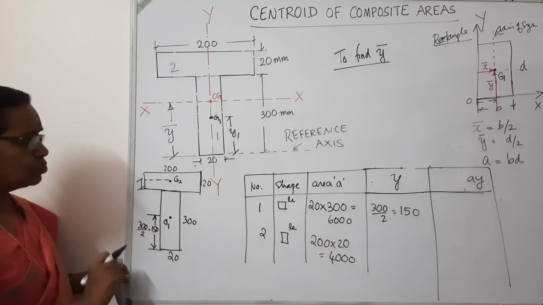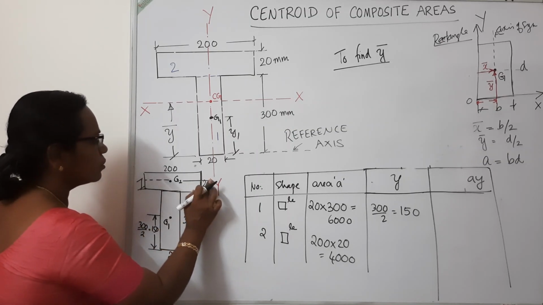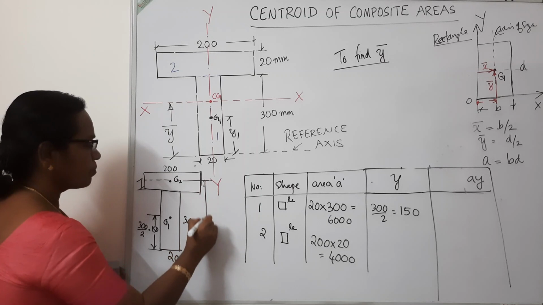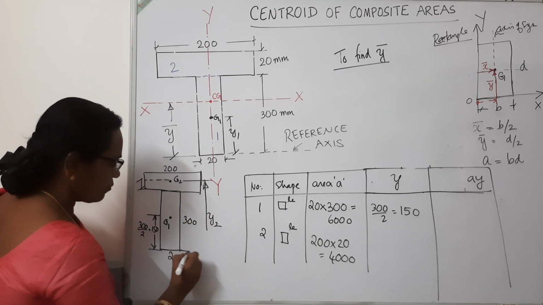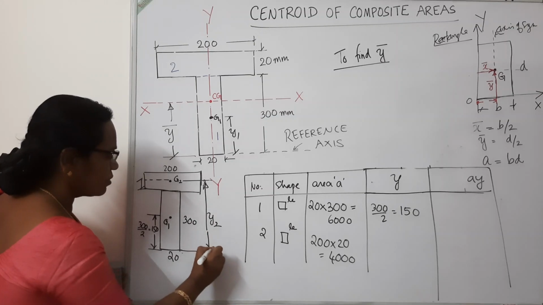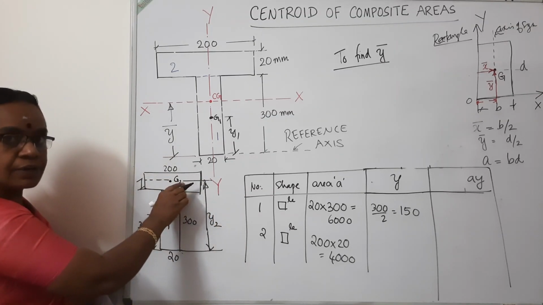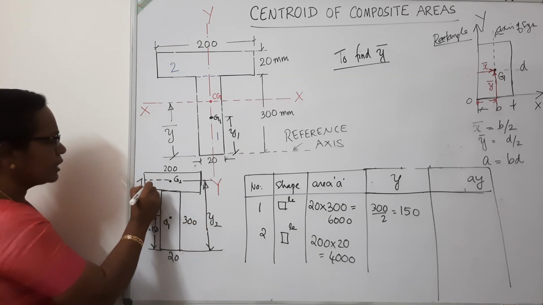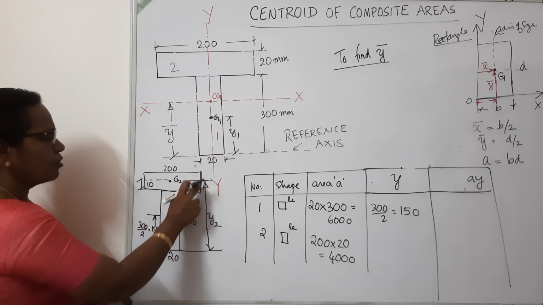Now Y2. Y2 means distance to the centroid of this figure from the reference axis. So this is the reference axis. From the reference axis, what is the distance to the centroid of the second figure? The centroid of the second figure is located at 10 from here, half of it.